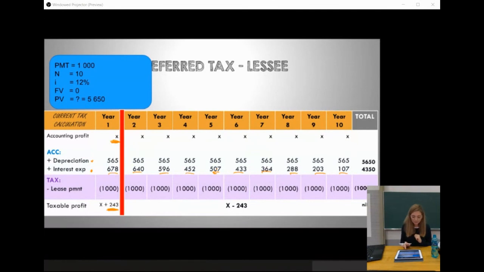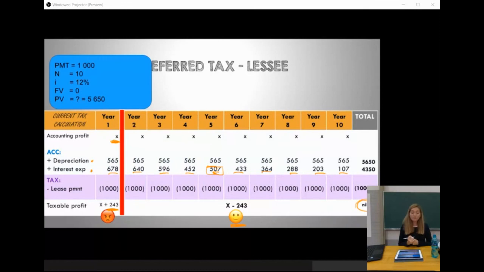This makes us sad, but we know that if we add up all these amounts, you'll see that we have a null effect over the 10 years. So that means somewhere in future we are going to be happy, because we are going to be able to pay tax on a smaller amount.